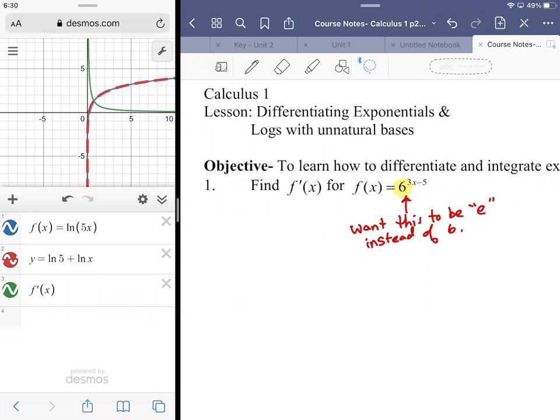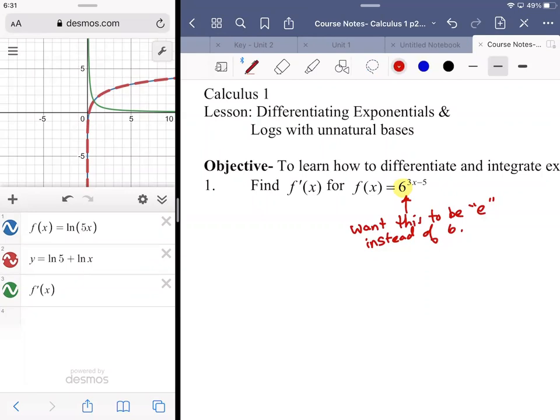It's aggravating. It's like, for those of you who are into gaming and things like that, I want to change the skin, I want to change the avatar, the look of it. So I want it to have a base e instead of a base 6.